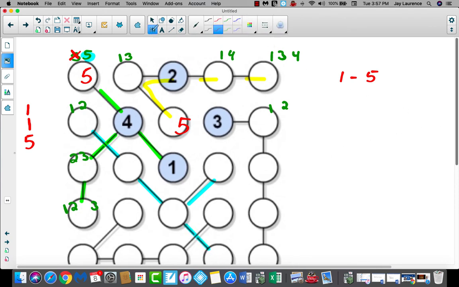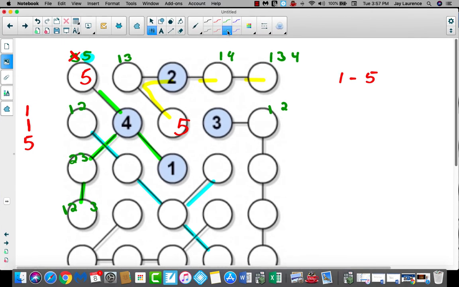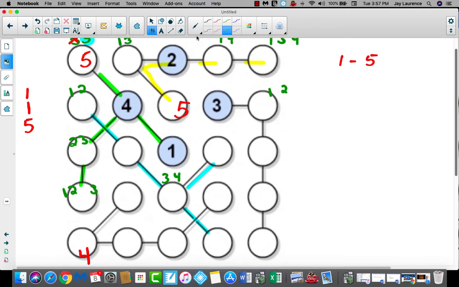Okay, so let me see what other possibilities I can fill out. Well, this one can't be a 1. Can't be a 2. Might be a 3. Might be a 4. Okay, and I think that's also true. Oh, wait a second, let's see here. My 4 moved out of place. Oh, wait a minute. Nope, might be a 4. Thought I was onto something.